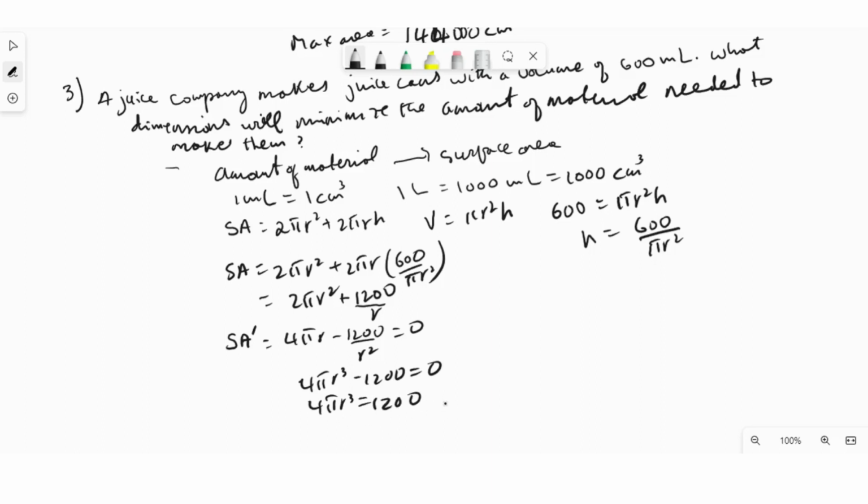Therefore, r cubed will be 1200 over 4 pi, which tells me r is the cube root of 1200 over 4 pi.